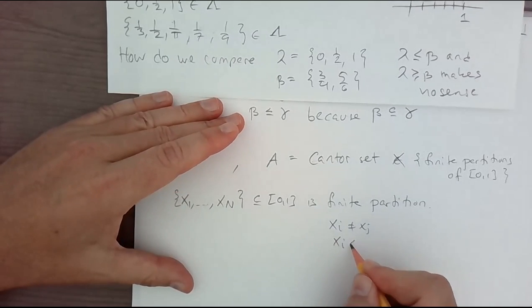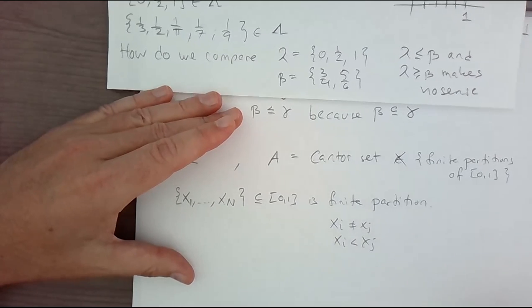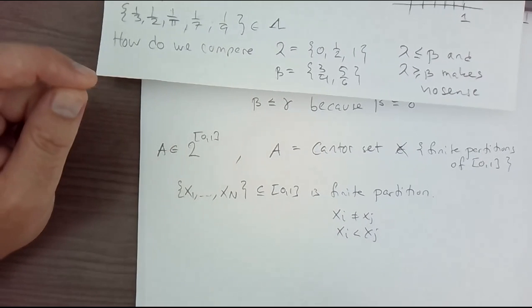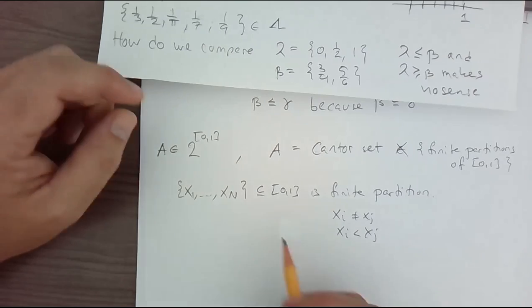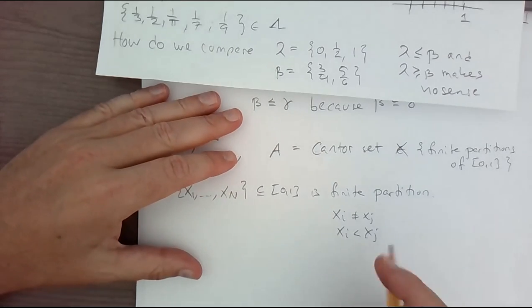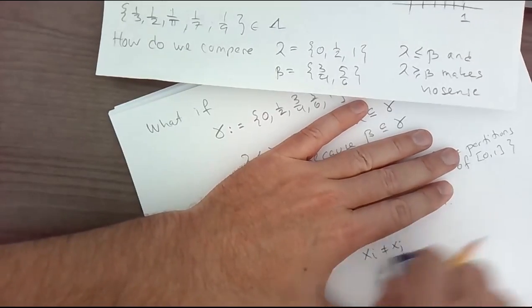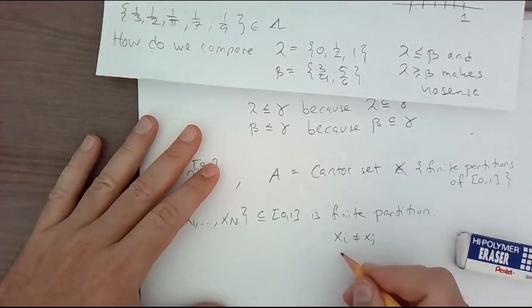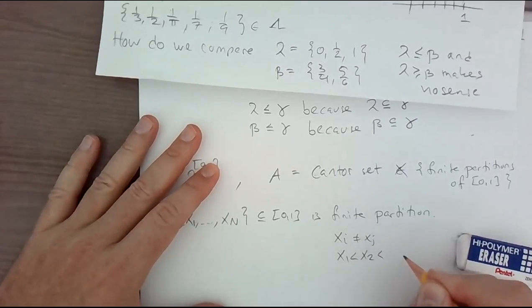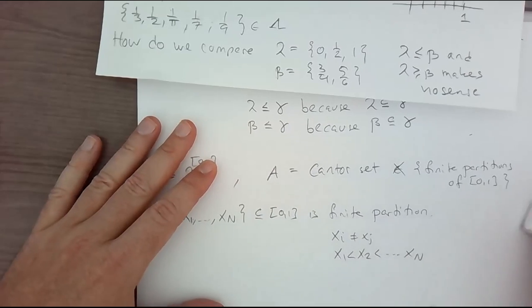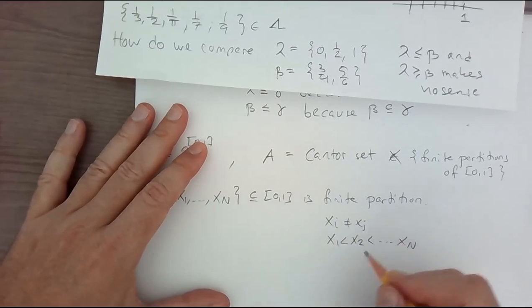You could also say that xi is less than xj. So x1 is less than x2. Yeah, we could write that out. There's no harm in doing that. And n here is a natural number.